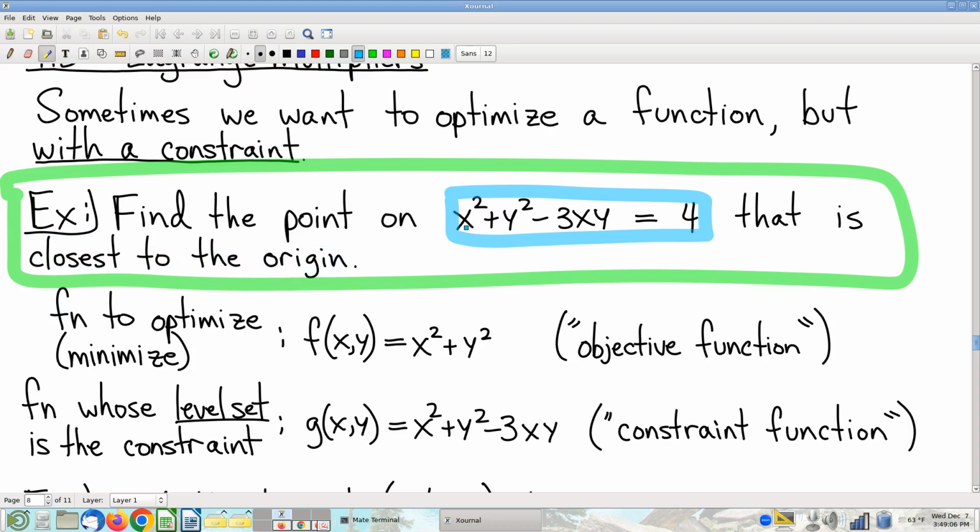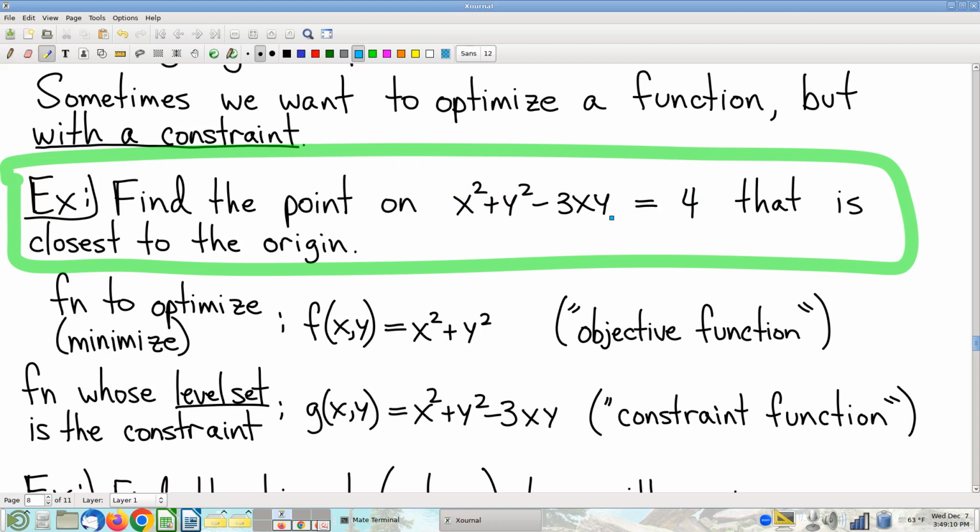One thing about these kinds of questions is there are actually two functions in play. You have to make an effort in your mind to keep these two different functions separate. On the one hand, there's the function that you want to optimize. Closest to the origin means I want to optimize, in this case minimize, this right here. And you'll notice I wrote distance squared instead of distance.